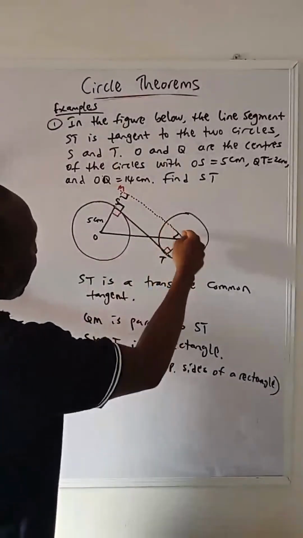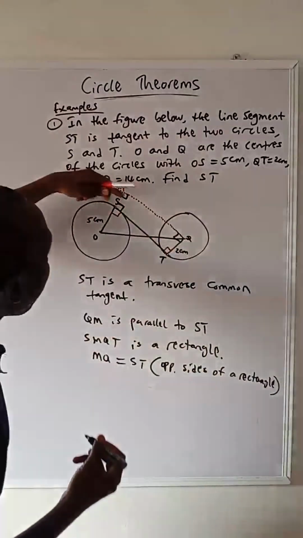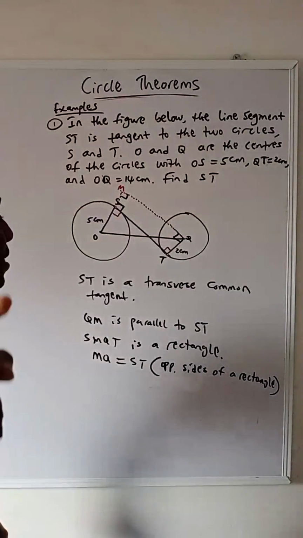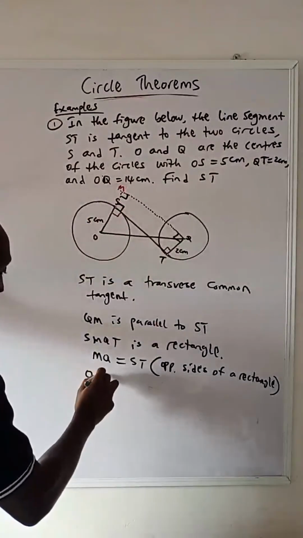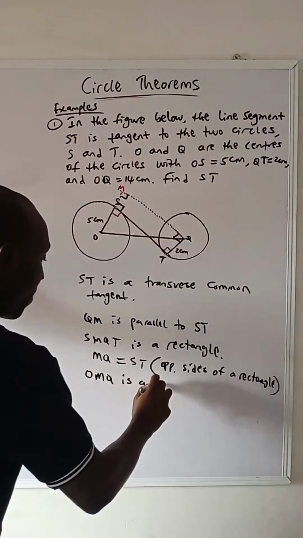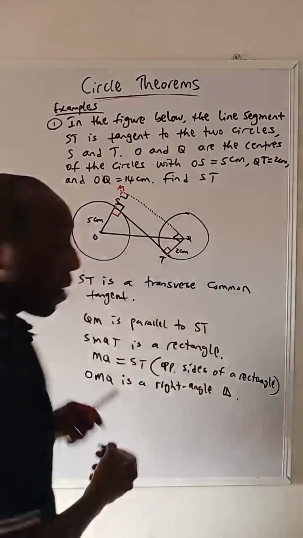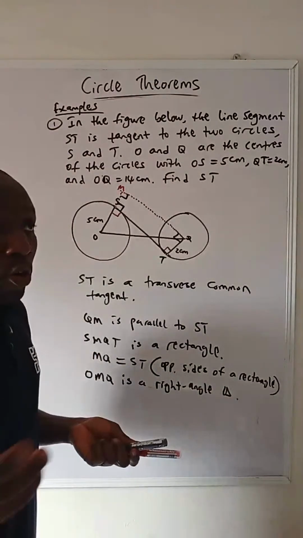So how do I get MQ? That's very easy. I can say that OMQ is a right angled triangle. So if it's a right angle triangle, of course, we know the Pythagoras theorem.